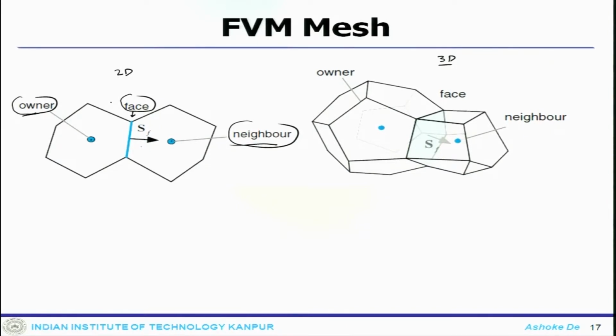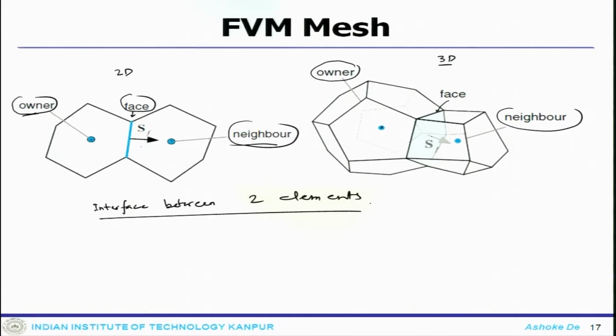And if you look at the 3D element, this is the connecting face, this is the center, this guy is the owner, this guy is the neighbor, and this is where the surface vector. So, that means if you have considered the interface between two elements, then one element it is positive.